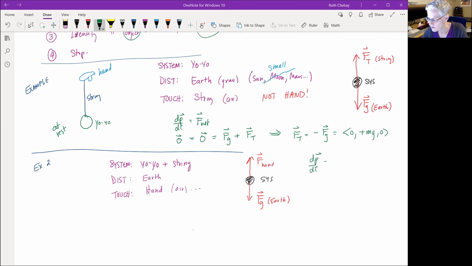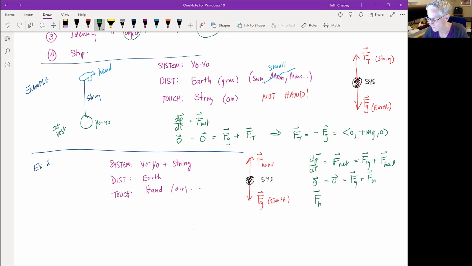So we still have dp dt of our system is F net, and that's F gravitation plus F hand. 0 equals 0, so that is Fg plus Fh.